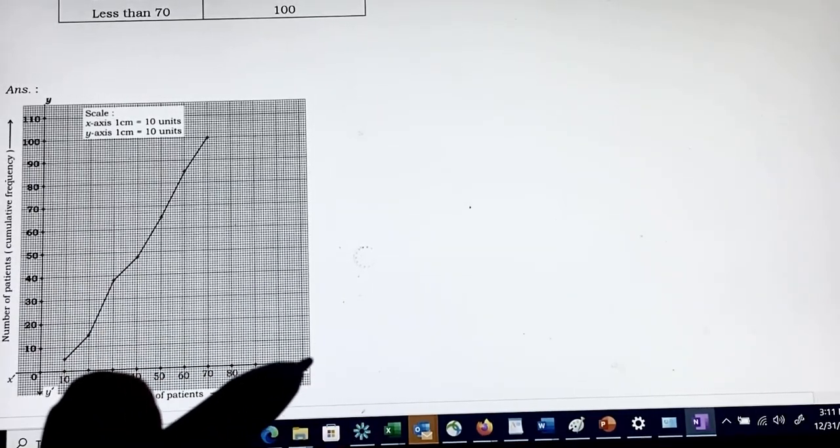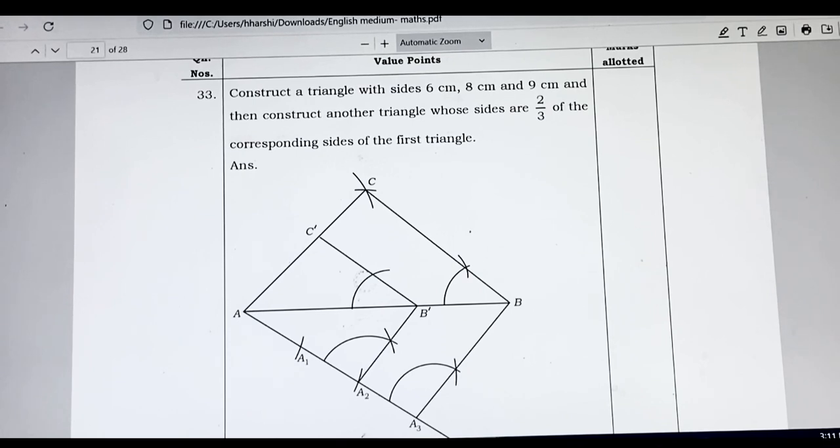Okay, so now moving on, last question of 3 marks, that is 33rd question. It's from construction. So construct a triangle with sides 6 centimeter, 8 centimeter and 9 centimeter.